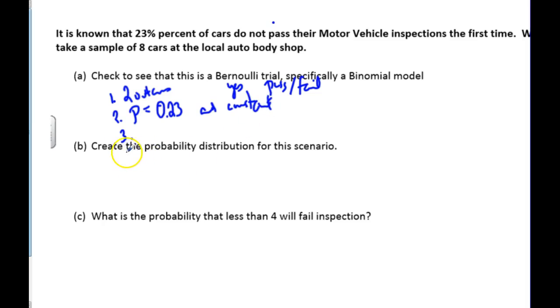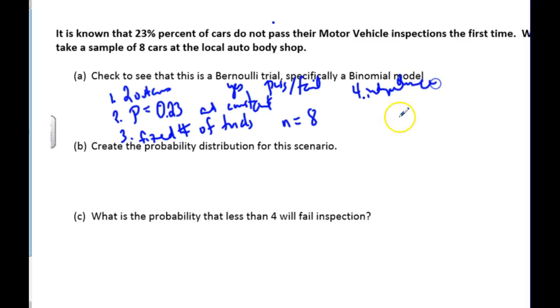The third condition, do we have a fixed number of trials? The answer to that is yes. We are given that our sample size is 8. And the last condition is independence. Someone asks, what happens if they don't tell us that they're independent? This is when we say that our population is greater than or equal to 10 times our sample size.